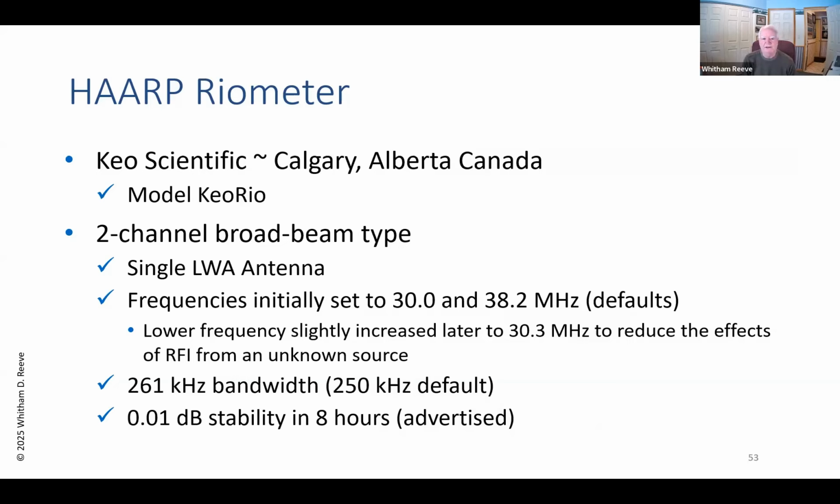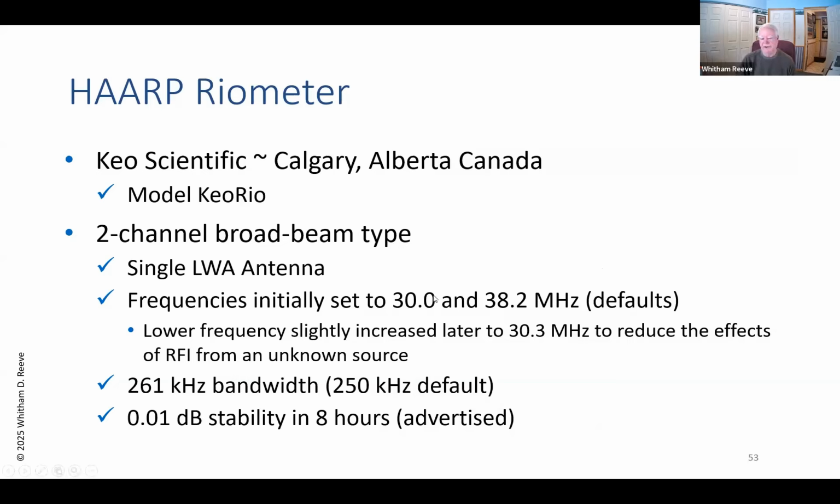It's a two-channel broadbeam type. It uses a single LWA antenna. Now, Craig Taylor talked about the LWA. Well, we've taken that same antenna and adapted it for a lot of other uses. And one of them is this riometer.